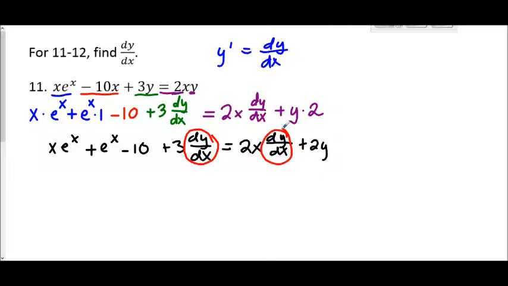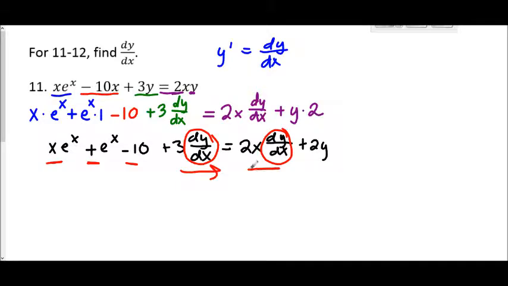So in this case, I decided to move the dy dx everything to the right, and I moved everything else to the left, because this would stay, this would stay, this would stay. Dy dx would go to the other side to join the other dy dx.